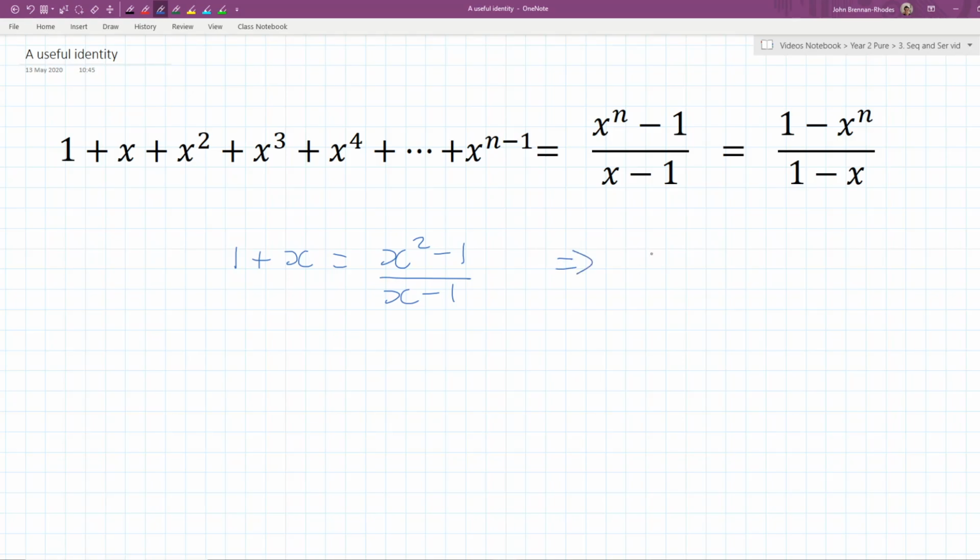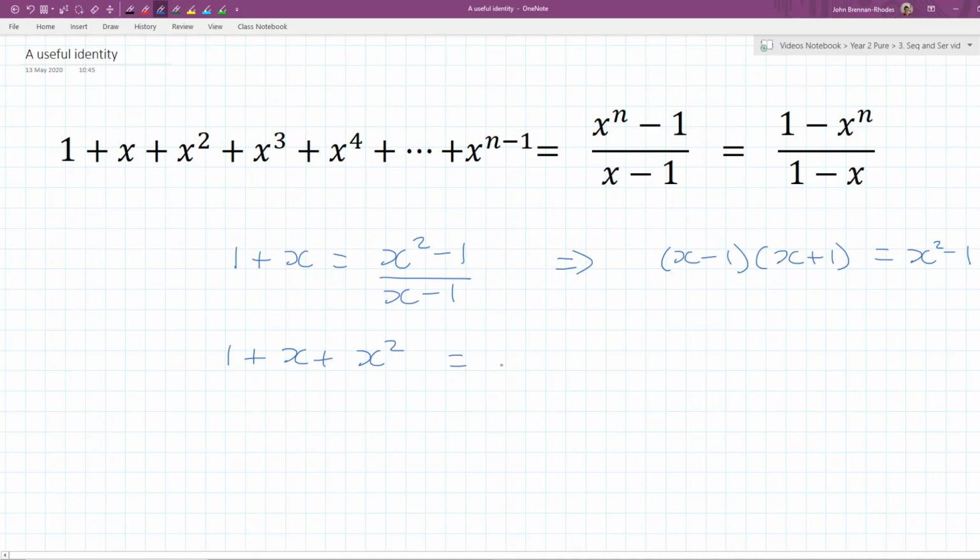In other words, if I rearrange that, (x minus 1) times (x plus 1) is equal to x squared minus 1. It's the difference of two squares. But if you go to the next one, 1 plus x plus x squared is equal to (x cubed minus 1) over (x minus 1). That can be quite useful at times.